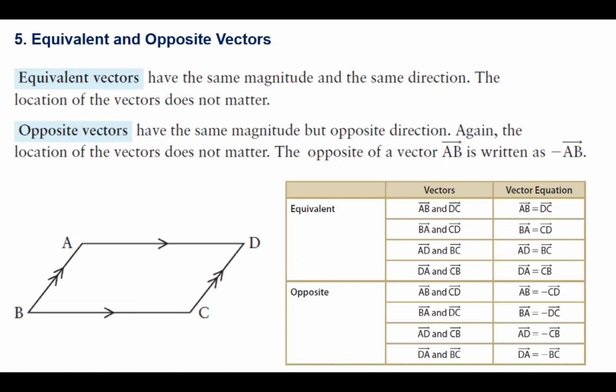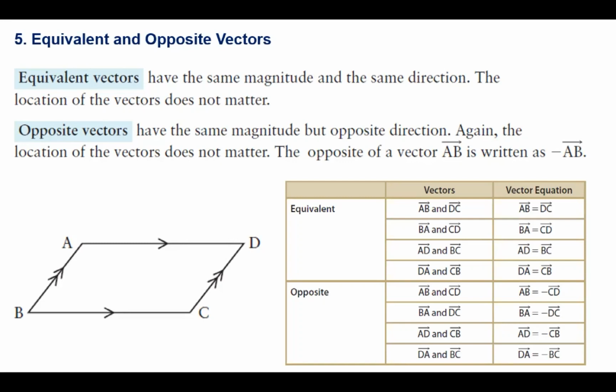So for example, we know that vector AB and DC are equivalent, right? So if they are equivalent, we can use the equality symbol, right? If the equality symbol joins two vectors, that means the two vectors are equivalent, which means they have the same magnitude and same direction.